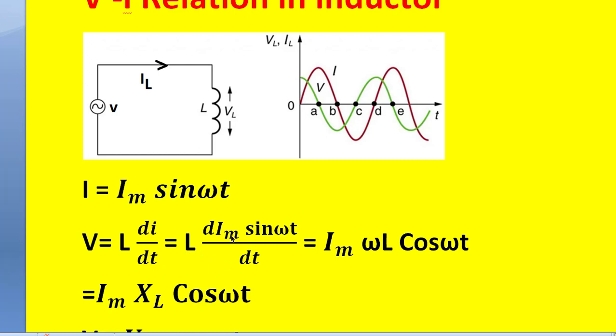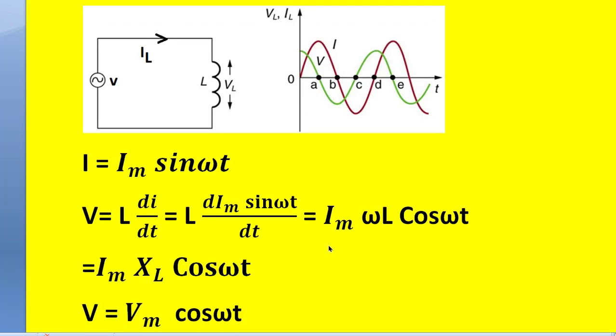And we know what I is, that is Im sin omega t. So we write L into d of Im sin omega t divided by dt. If you look at this, the differentiation of sin omega t is cos omega t, and you have omega here, that also comes out: omega L into Im into cos omega t.